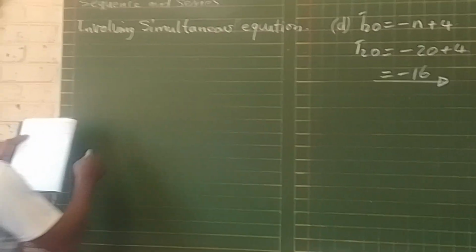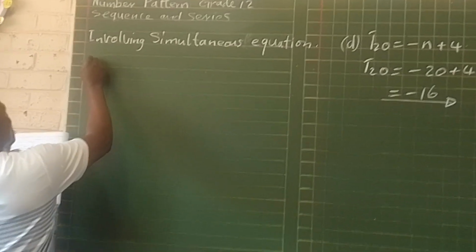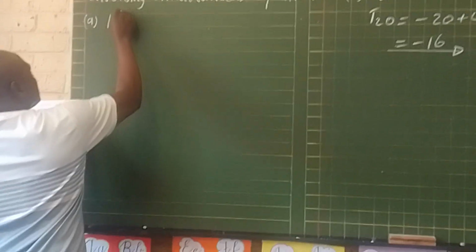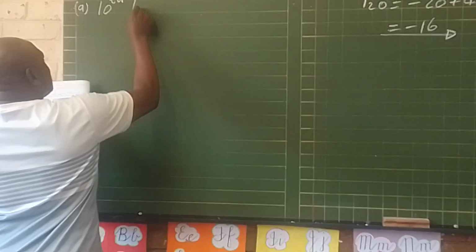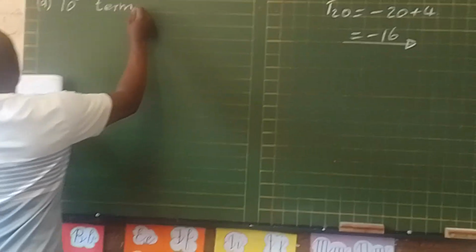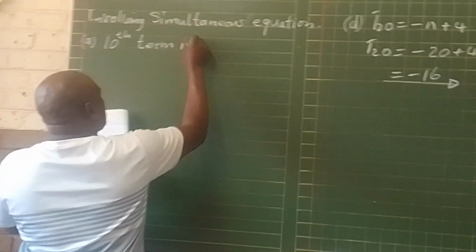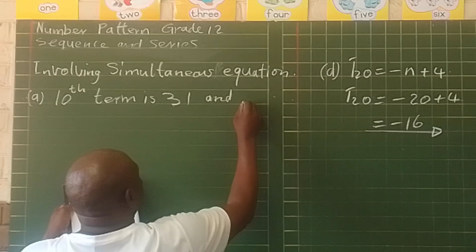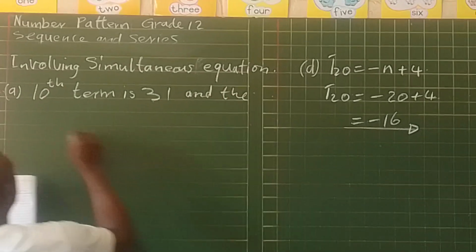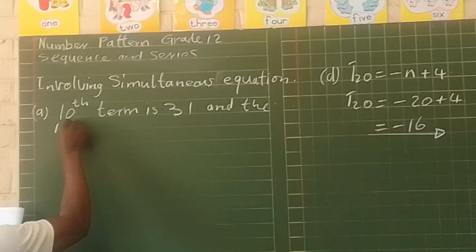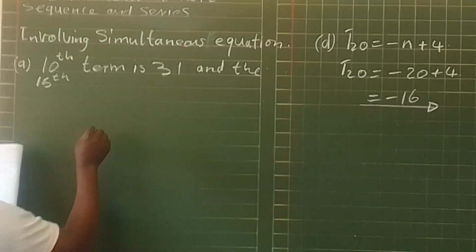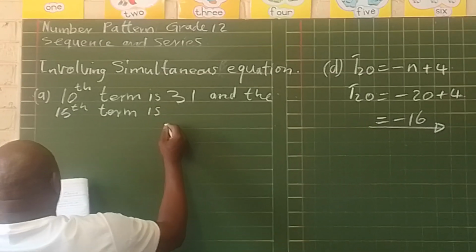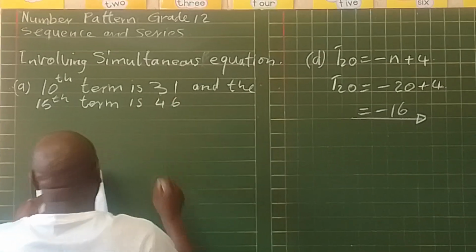They say the 10th term is 31 and the 15th term is 46.